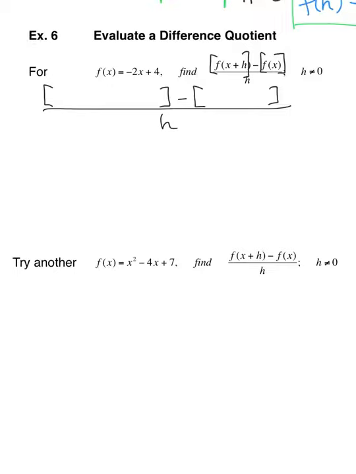So then this right here, this x plus h, I'm going to write the f function, but instead of the x, I'm going to use substitution parentheses only around the x itself, and then plug in that x plus h. So I've got negative 2, big parentheses, plus 4.